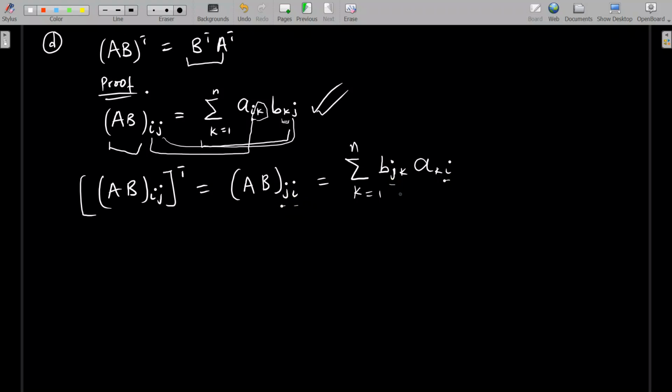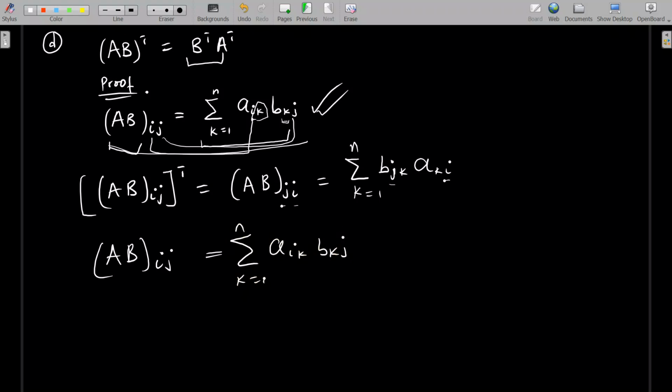So if you look at this very carefully, based on this formula, we said that AB, right, ij is the summation k starting from 1 to n, aik, bkj, right, where k is the number of rows and columns in the respective matrices.